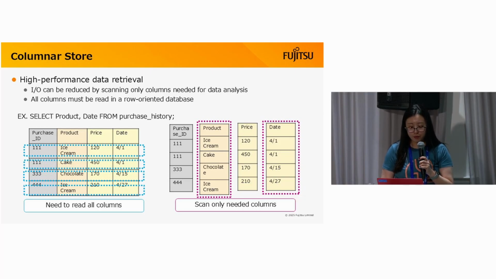In a plain row storage table, we need to scan all columns, including IDs and prices, which are unnecessary for this SQL. In contrast, a columnar store database can scan only the necessary columns.